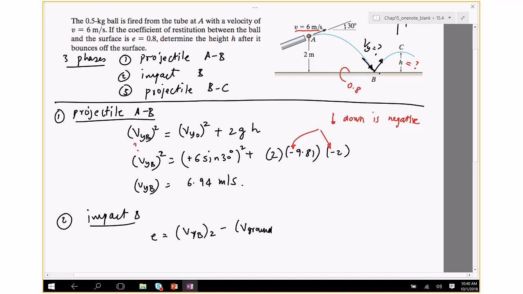There are two objects involved in the collision, the ground and the body. So from the formula, it's after impact divided by the velocity of the ground before impact minus the velocity of B before impact.